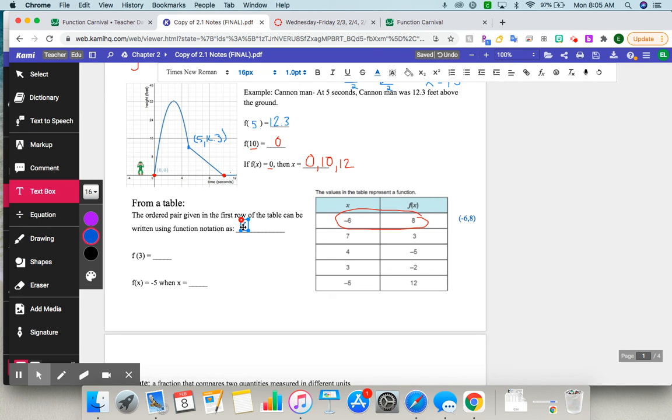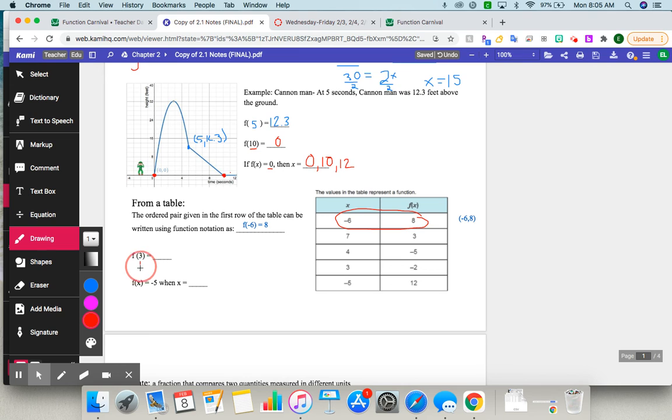So we'd say f of -6 equals 8. To determine f of 3, since 3 represents our input, or our x value, I look at this column, and I find an input of 3, and I see that it gives us an output of -2. So f of 3 equals -2.